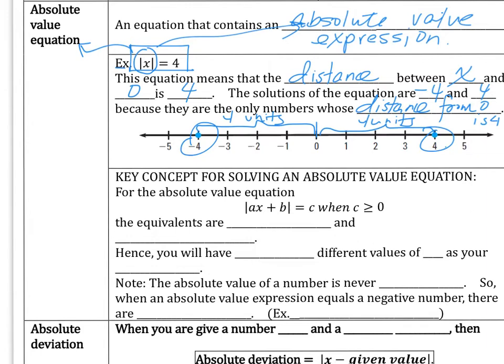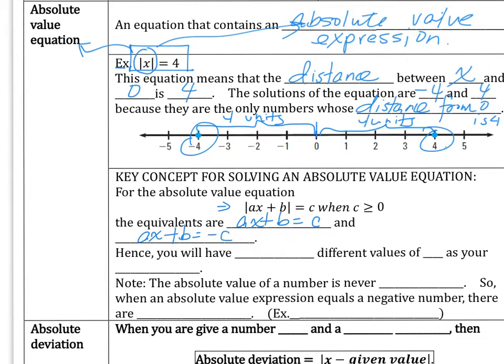So let me review the key concept for solving an absolute value equation. For the absolute value equation, absolute value of ax plus b equal to c, when c is greater than or equal to 0, the equivalents are ax plus b equal to c and ax plus b equal to negative c.